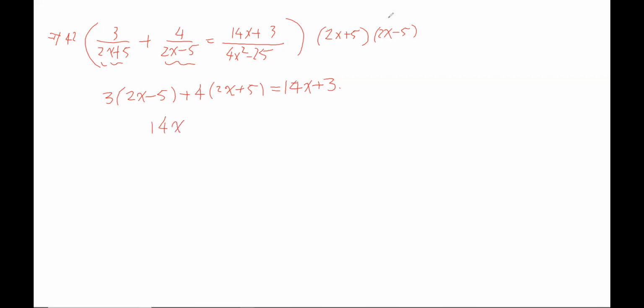Do you agree? 14x plus 5 equals 14x plus 3. So what happens then? You get 2 equal to 0, or 5 equal to 3. What does that mean then? No solution. So this one just happens to be no solution.